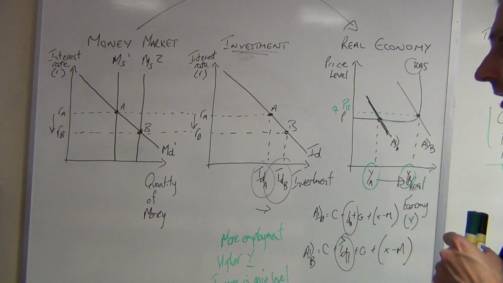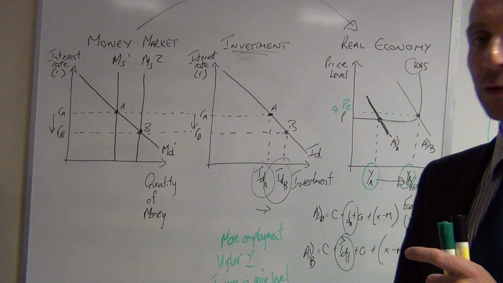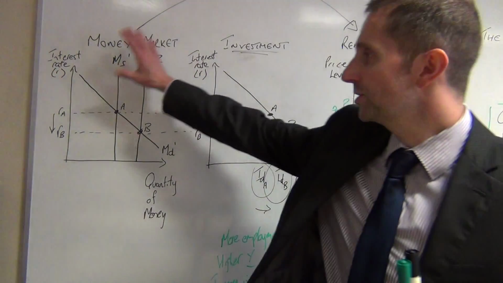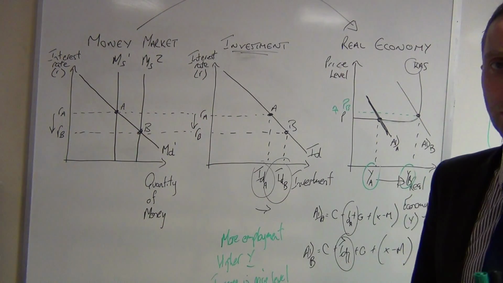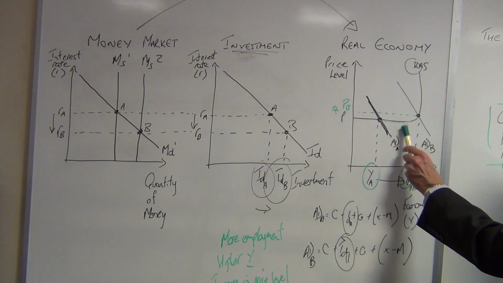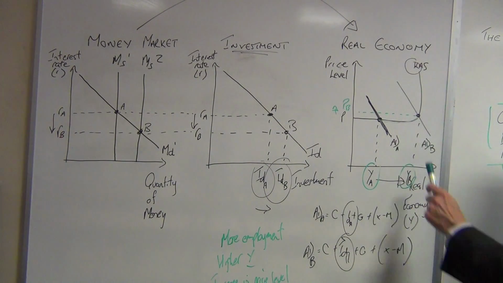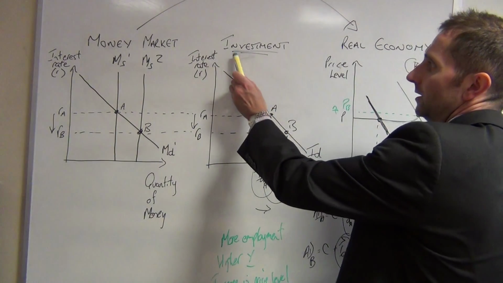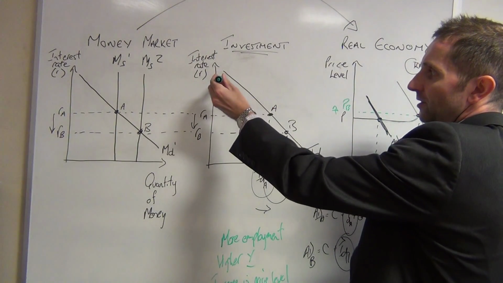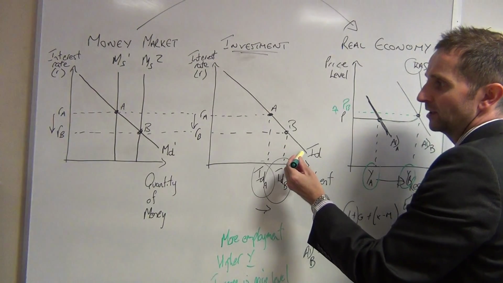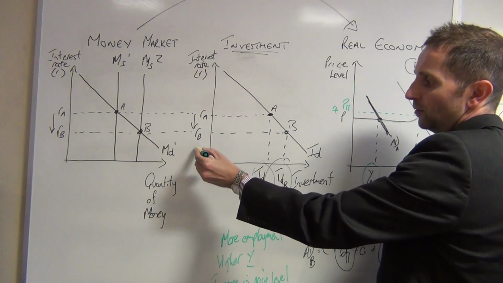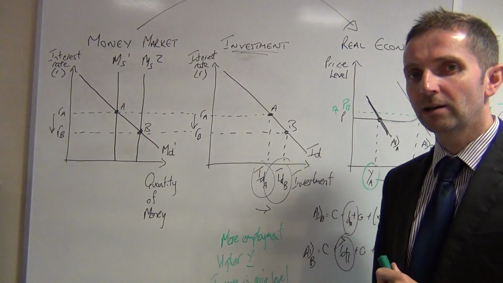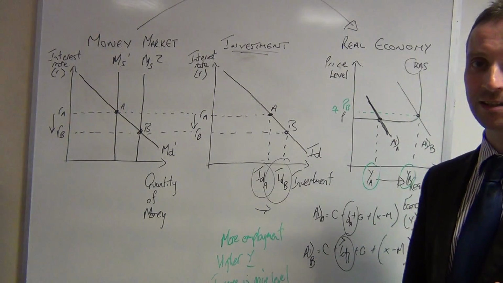Now what I'd like to do is to run through how some of these diagrams actually come about. So I'm not going to run through this one here because you'll all be familiar with the real economy diagram. This one for investment demand, again fairly straightforward, downward sloping from left to right, falling interest rate yields higher levels of investment. Why would that be the case, ladies and gentlemen?